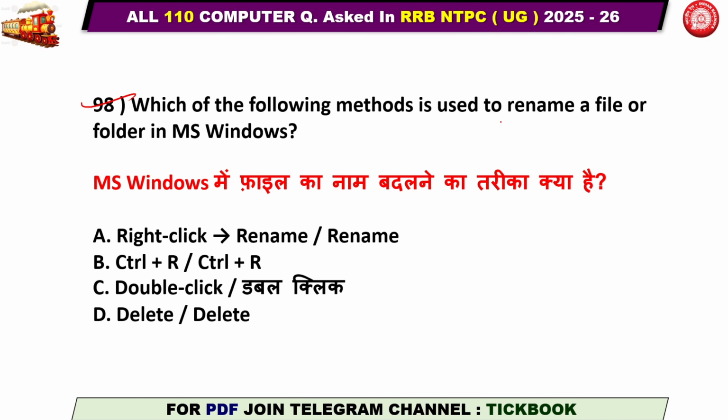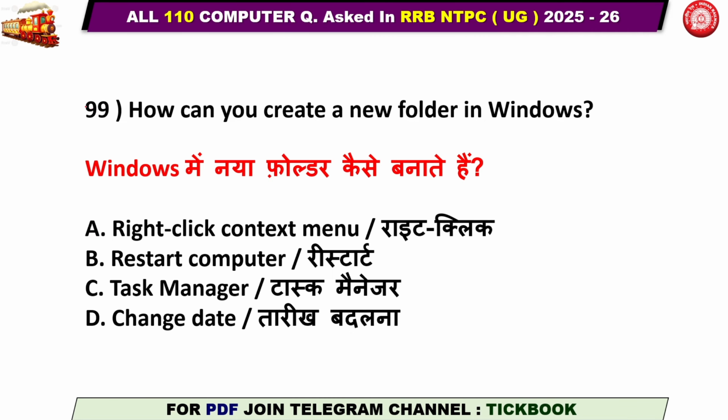98. Which of the following methods is used to rename a file or folder in MS Word? I think it's a repeated question. Option number A, right click, then rename. 99. How can you create a new folder in Windows?